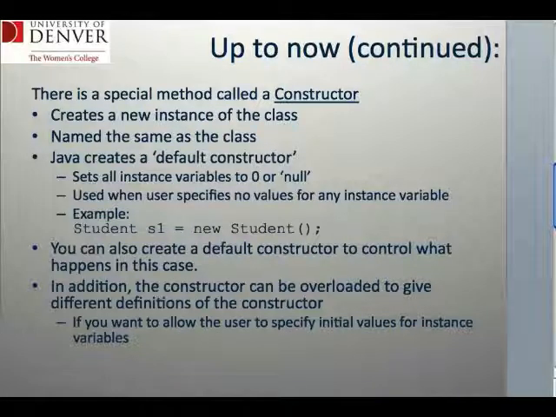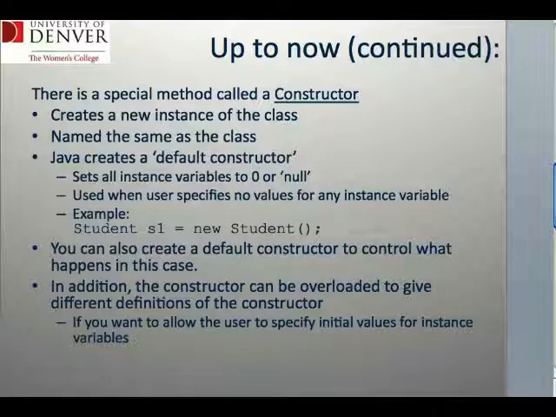So anyway, Java creates this default constructor if you don't create one. And basically what it'll do is when you create a new instance of the class, a new object of this class, it will set all the instance variables to either 0 or null, depending on whether they're numeric data or string data.